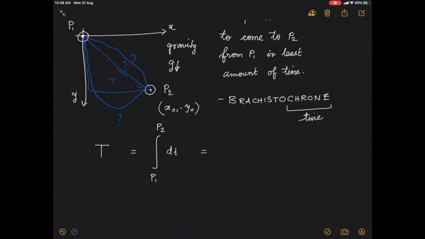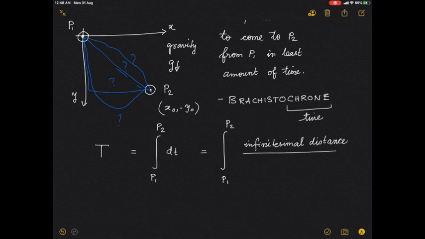And this we had actually worked out already. So this is P1 to P2, infinitesimal distance, divided by the instantaneous velocity, just as in the previous example.